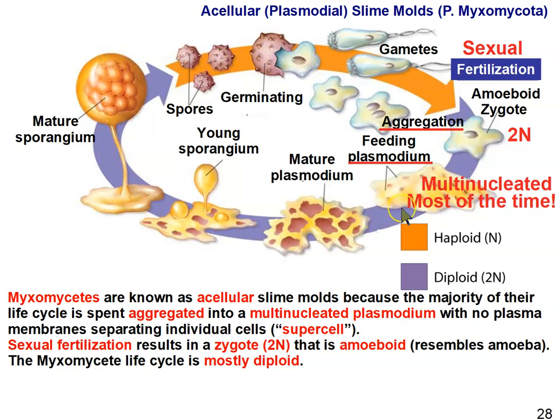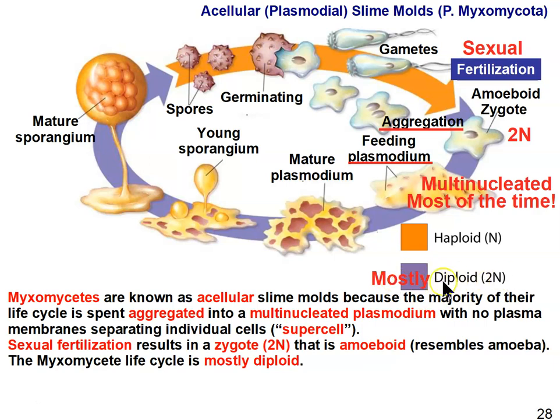That's within the diploid part of the life cycle. So most of the time they are diploid, just like we are. All of our body cells are diploid except for our gametes. Sperm and egg are the only cells in our bodies that are haploid, have half the number of chromosomes.